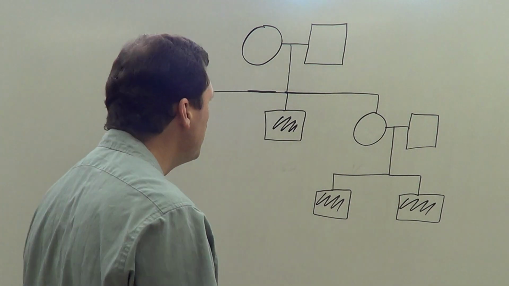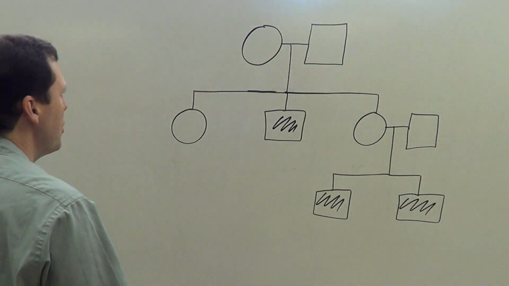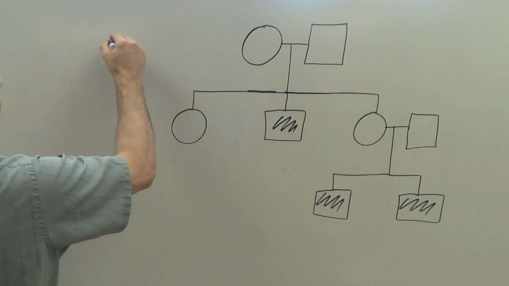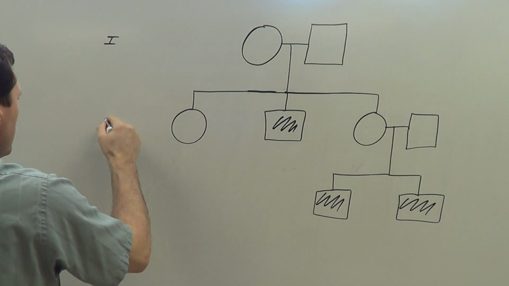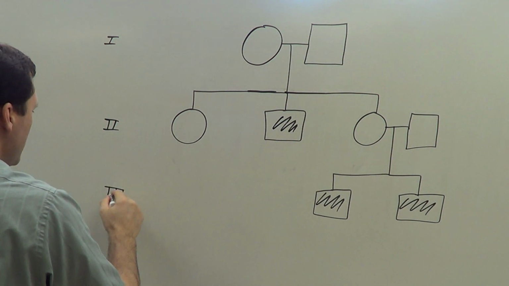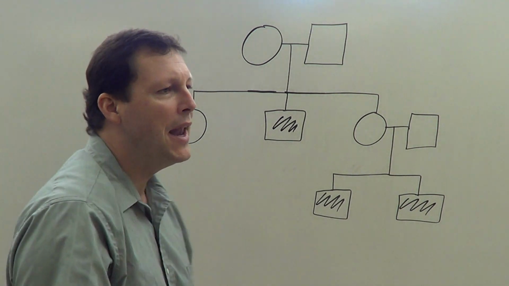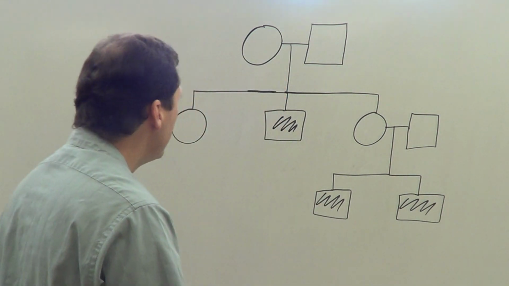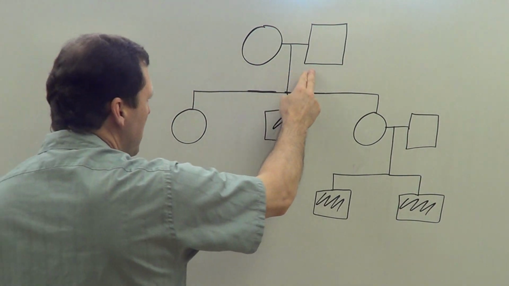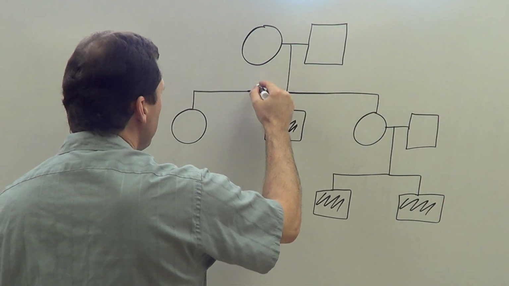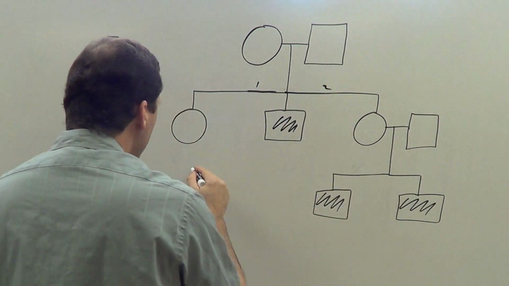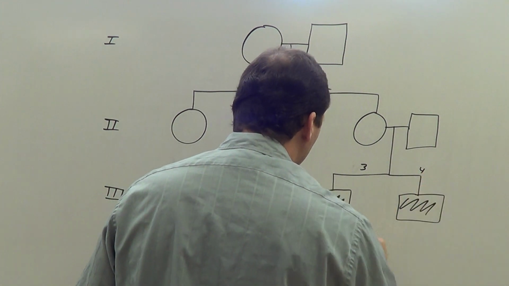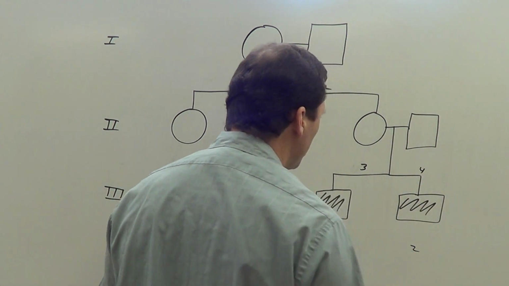The first thing I want to do is write down my generations. The first generation is the topmost, the oldest. So generation 1, 2, and 3. Now I want to label each individual with an Arabic numeral, leaving a little space for the genotype. I'm going to call these individuals 1, 2, 1, 2, 3, 4, 1, 2.